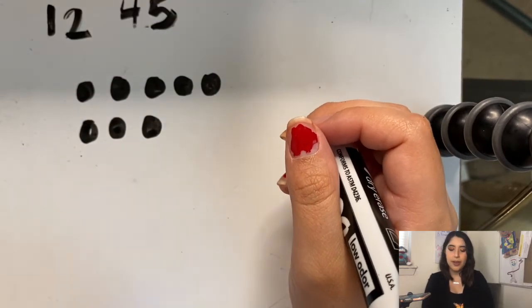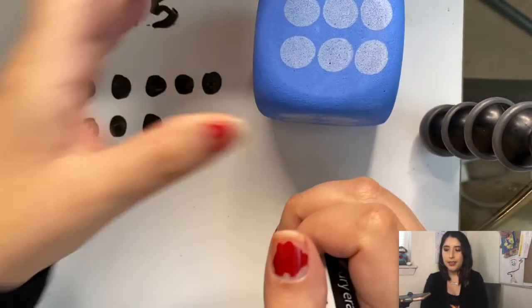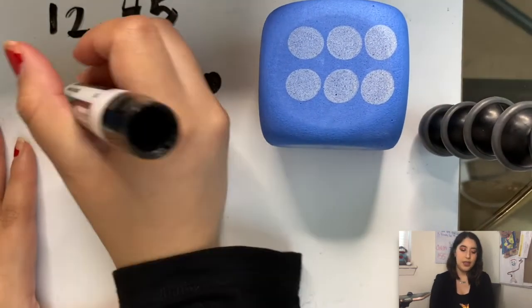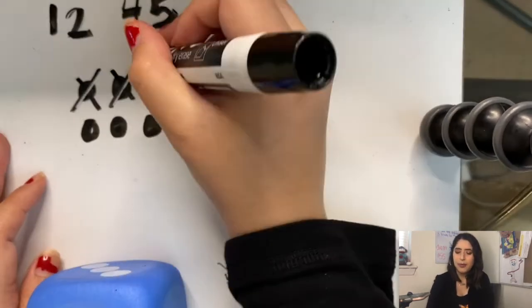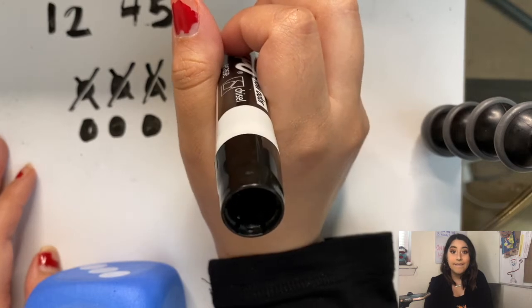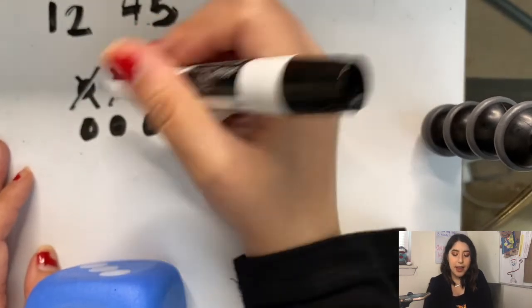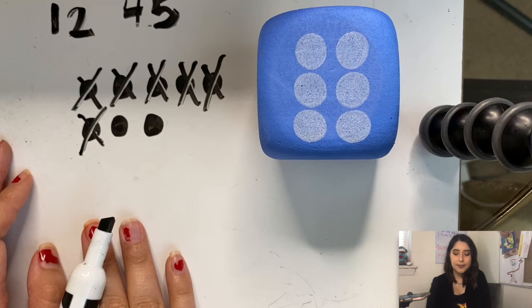We've done 4 already. 6. Let's do it. 6. So 1, 2, wait, we don't have to count each one. We know that if I cross out all of the top row, it's 5. 5, 6. So I crossed out 6.